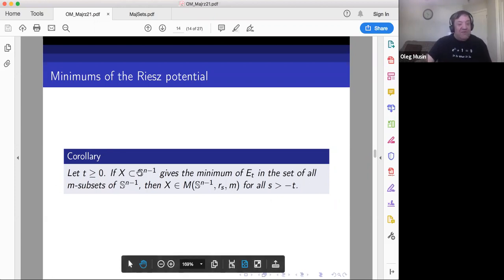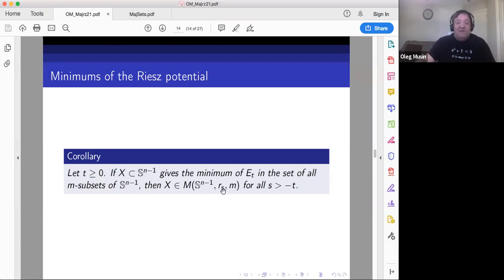Actually, the theorem says that if you consider minimums of the Riesz potential for a given t greater or equal to 0, then they belong to the M set for all s greater or equal to negative, not only for s equals t, which is obvious.